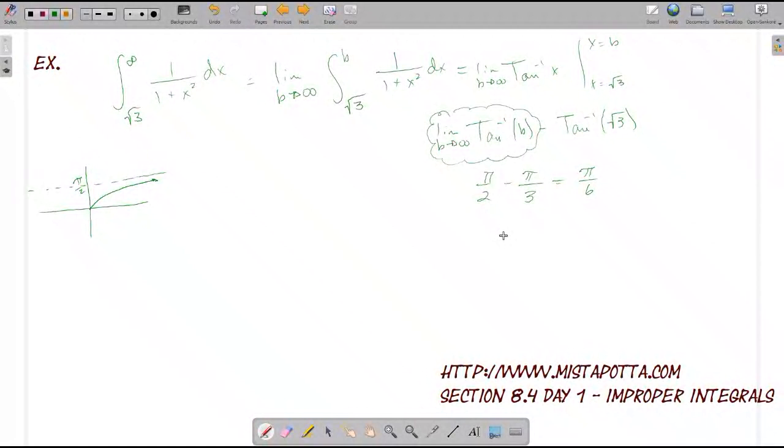So we'll talk a little bit more about this next time, including what about when I'm dealing with infinity as an upper and lower bound? Or what if I'm dealing with a pesky point in my domain somewhere in between these values? But we'll talk about those next time.